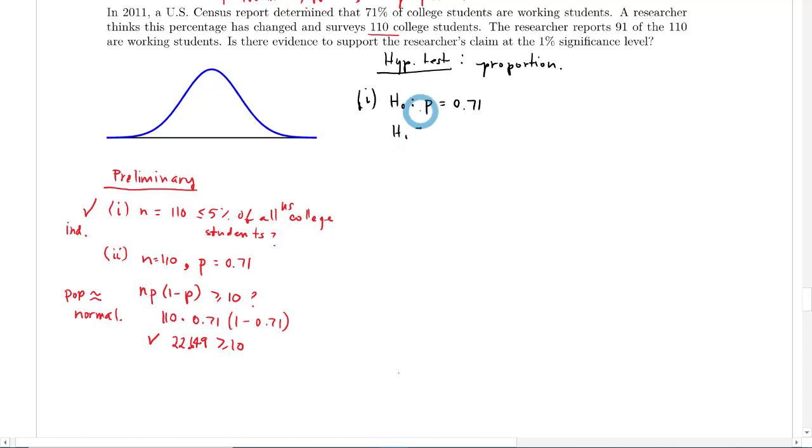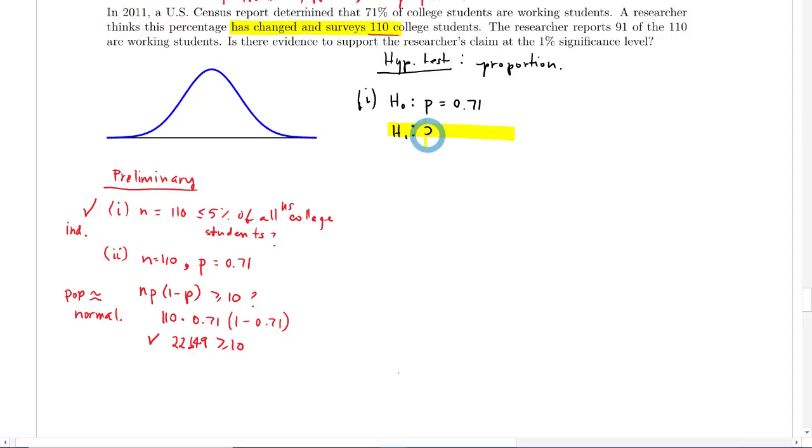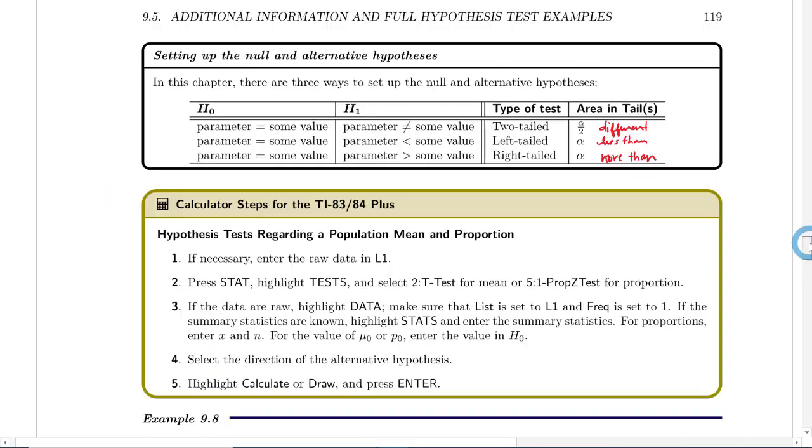The alternative is what we want to claim, right? What's the change? The researcher thinks that the percentage has changed. Well, what does that mean? Let's go all the way up here and see.